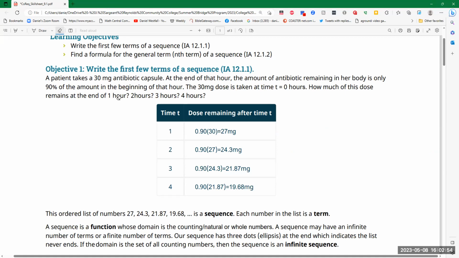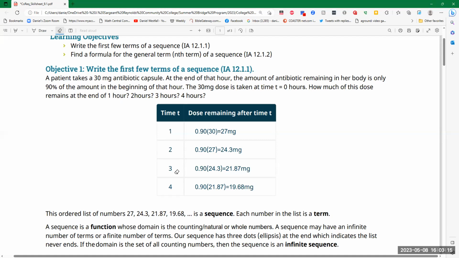If we wanted to, we could throw the number 30 at the front of this list. I didn't do that though, because this worksheet is talking about that n equals 1 should refer to the first number in the list, n equals 2 to the second number, and so on.